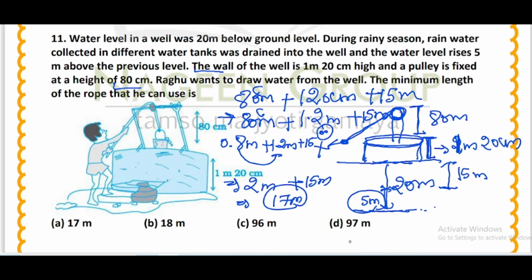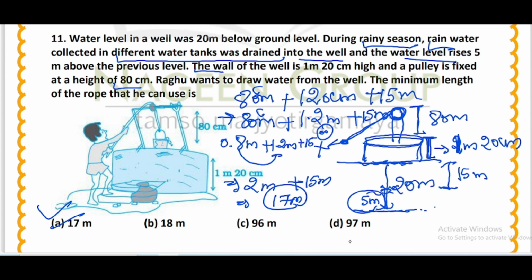Part A. Let's see how we solve. A water level in the well is 20 meter below the ground level. But in the rainy season, the rainwater collected in the different water tanks was drained into the well, and the water level rises up 5 meter above the previous level.